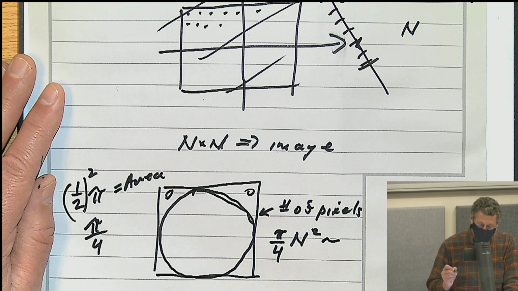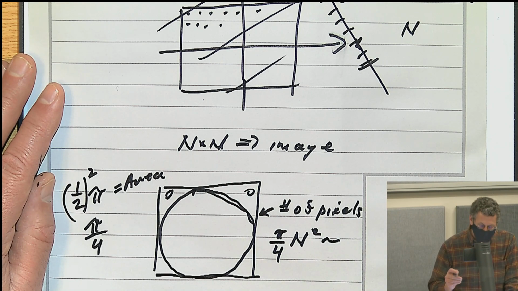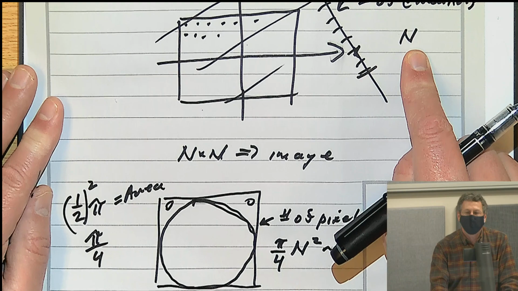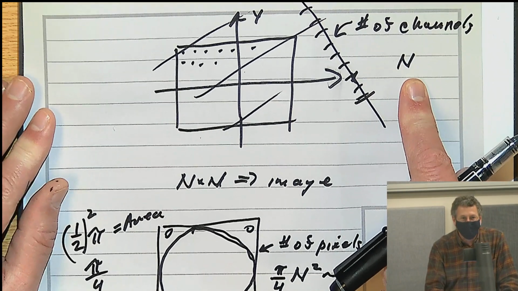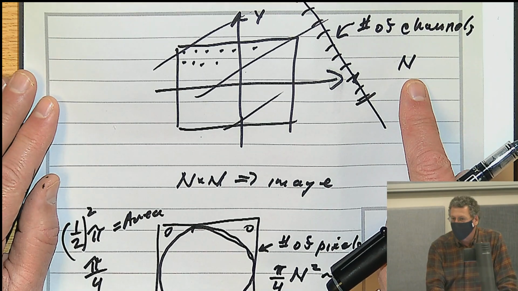So then the question is, how many projections do we need? In order to make the problem invertible, you should have as many measurements as unknowns, right?